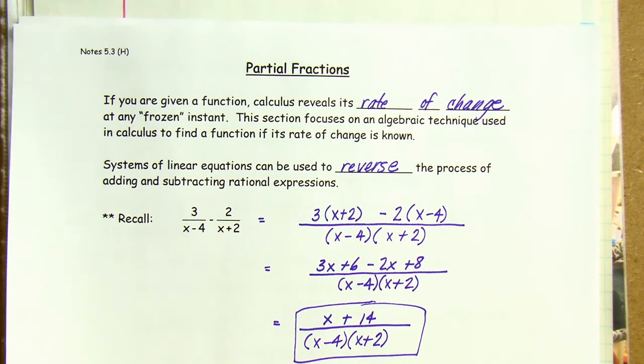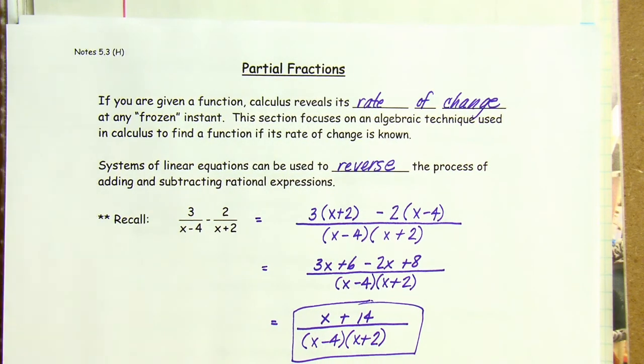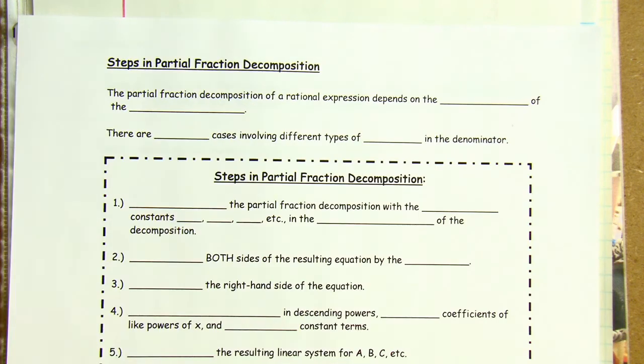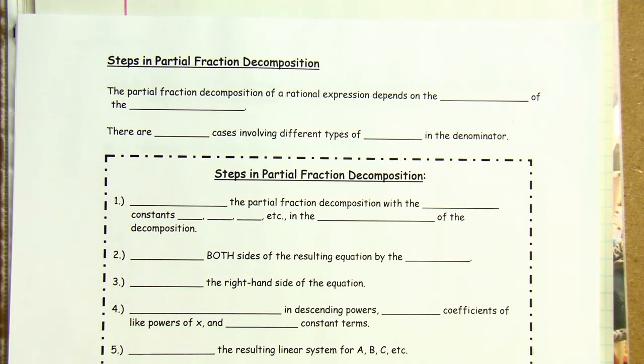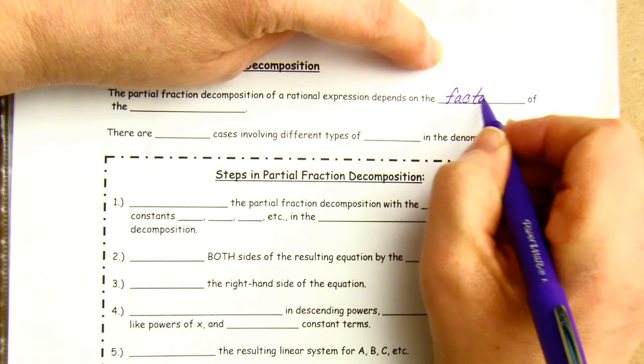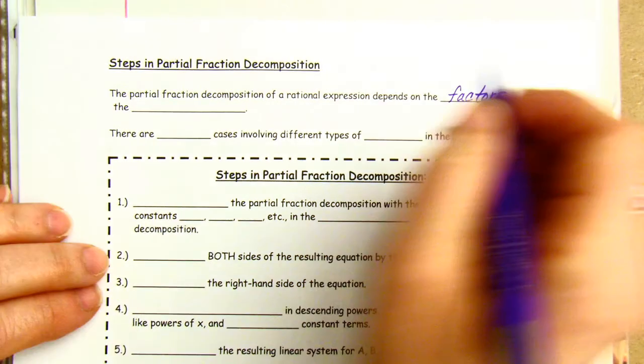But there are 4 cases, and you'll have to be able to identify the 4 cases. All right, so the steps in partial fraction decomposition. The partial fraction decomposition of a rational expression depends on the factors of the denominator.